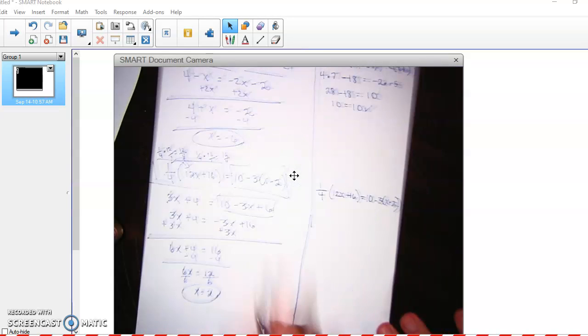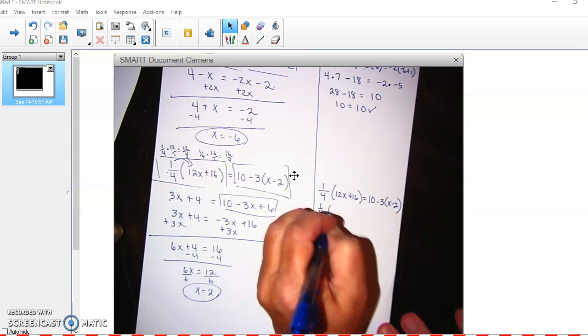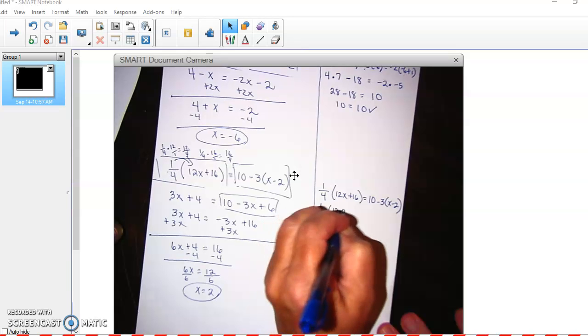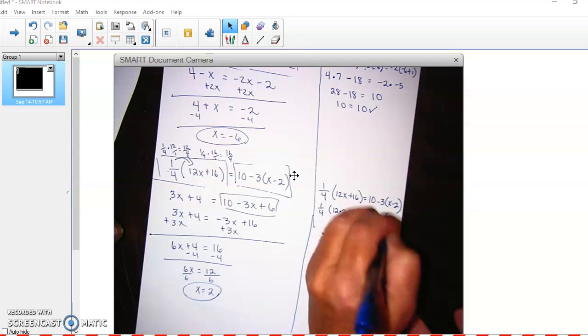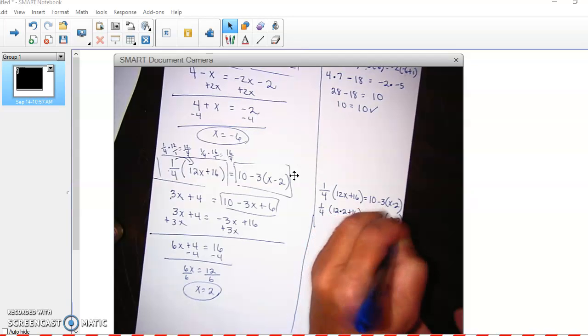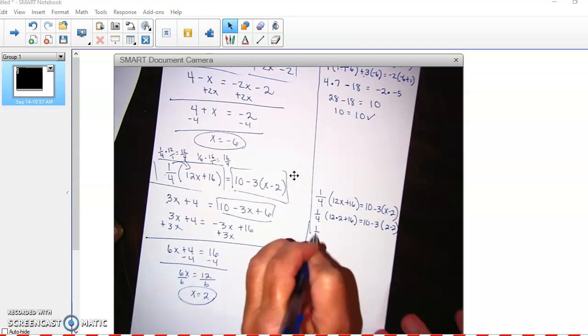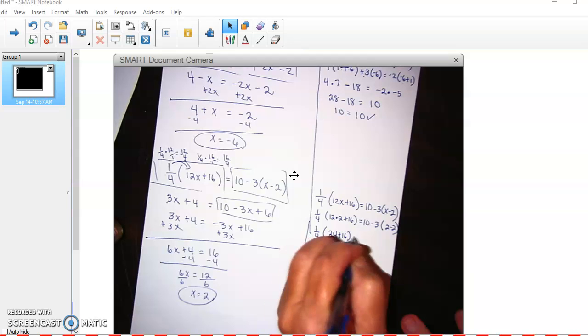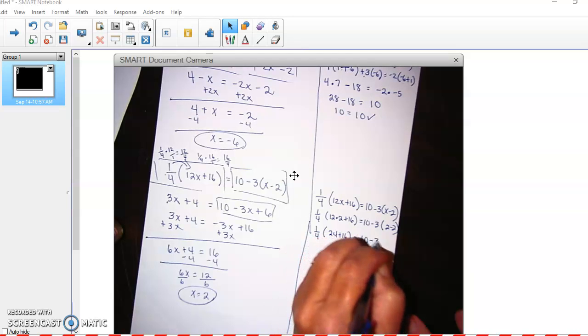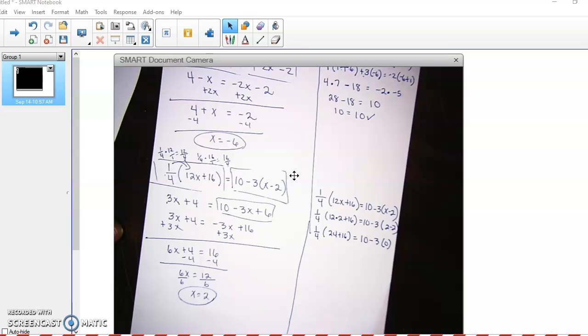And now we're going to check it. So 1/4 times 12 times 2 plus 16 equals 10 minus 3 times 2 minus 2. Okay? So 1/4, inside parentheses, 24 plus 16 equals 10 minus 3 times 0, right? 2 minus 2 is 0.